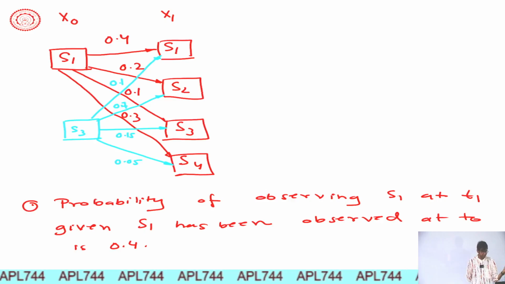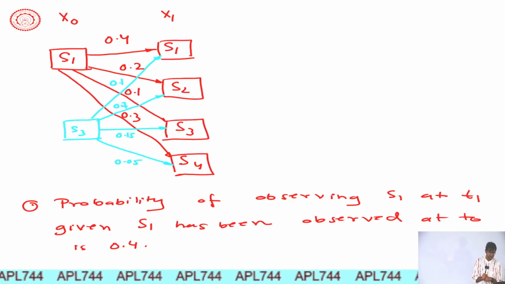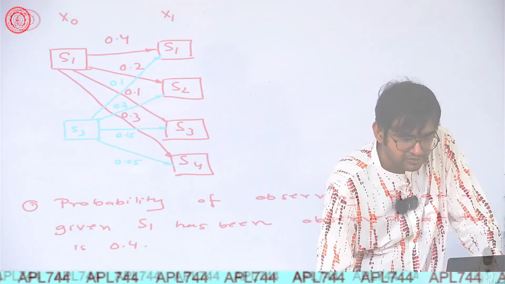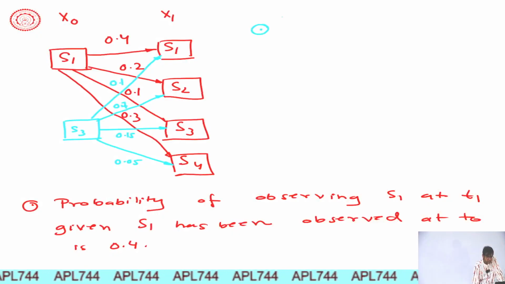Let's take one statement: the probability of observing S2 at T1 given I have observed S3 at T0 is equal to 0.7, right?